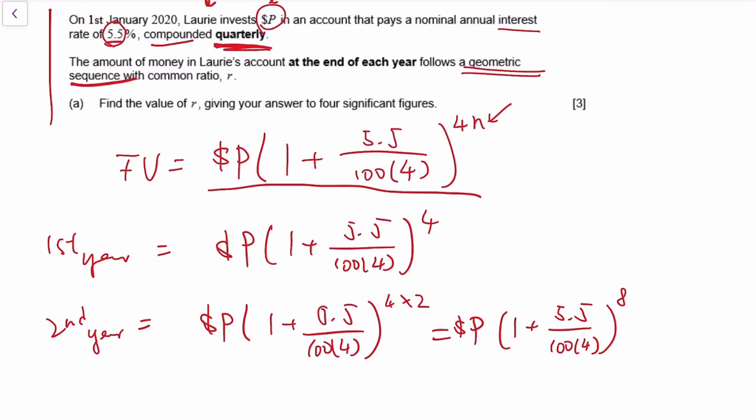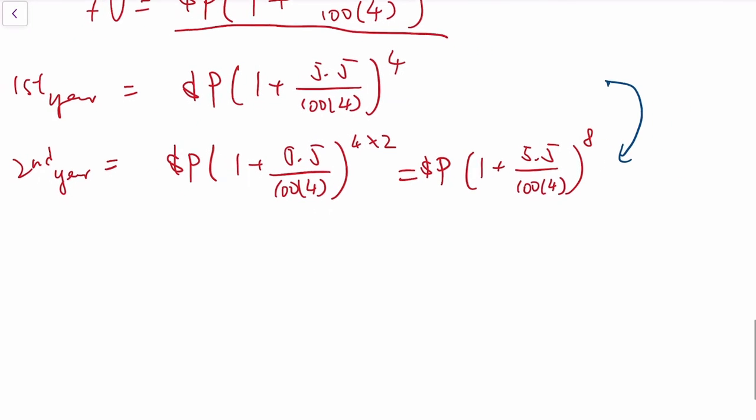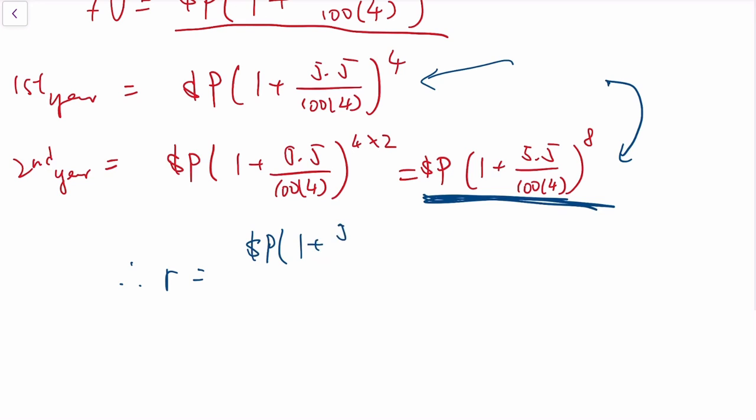That means you're multiplying by the same number every year to get the amount that you'll get in the next year. The question is, what's the common ratio? Well, as we have seen, you can find the common ratio by taking the second term and dividing it by the first term. So r would just be this over the amount you have in the first year.